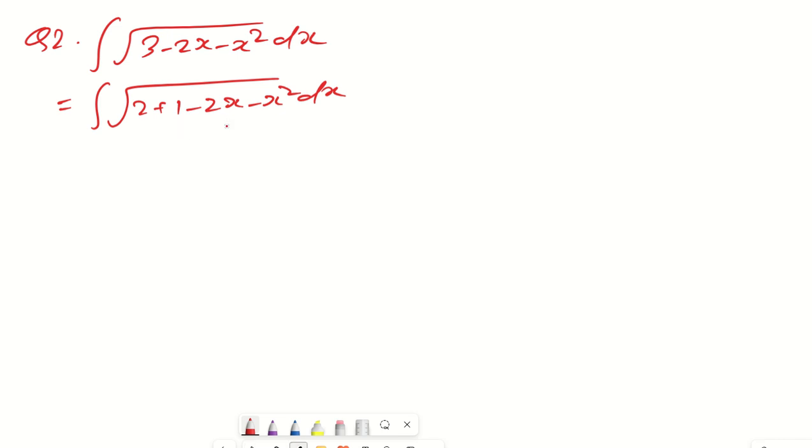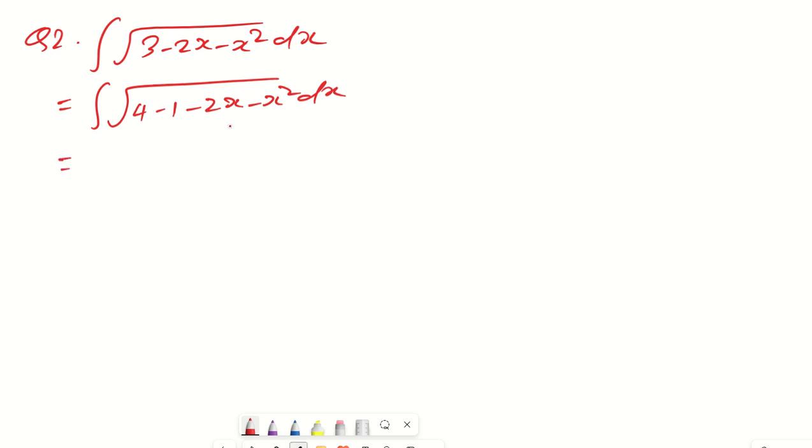Or it can also be written as 4 minus 1. If I take minus common from all these three terms, then we are going to get 1 plus 2x plus x square. That will be written as x plus 1 whole square.